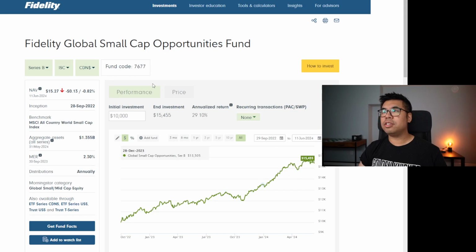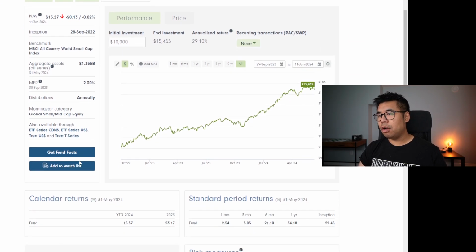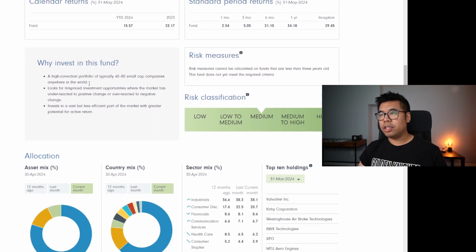One of its components is the Global Small Cap Opportunities Fund, 2% MER above that. And when it talks about why invest in this fund, it's a high conviction portfolio of typically 40 to 80 small cap companies anywhere in the world. So again, it's more active, more concentrated, so definitely more risky than the XEQT, VEQT, ZEQT family. And if you're looking for that higher upside, you would go with FEQT instead.